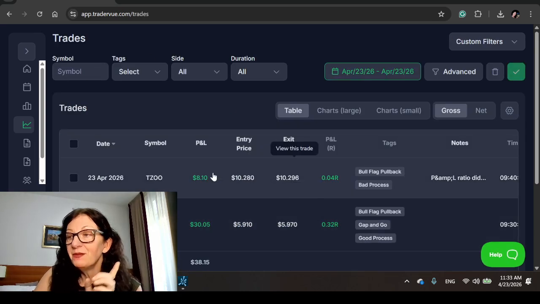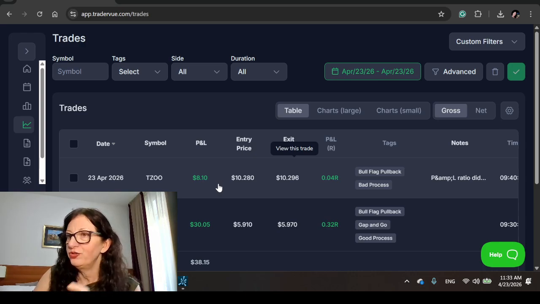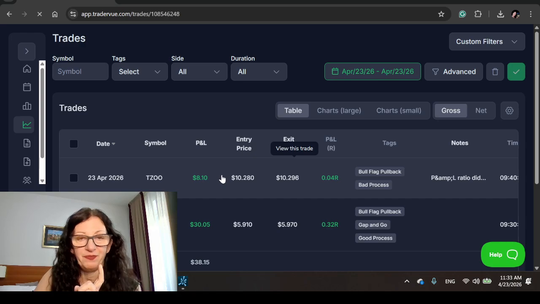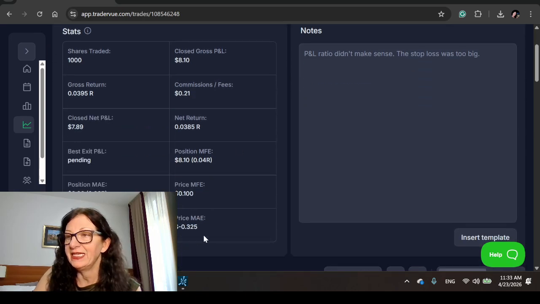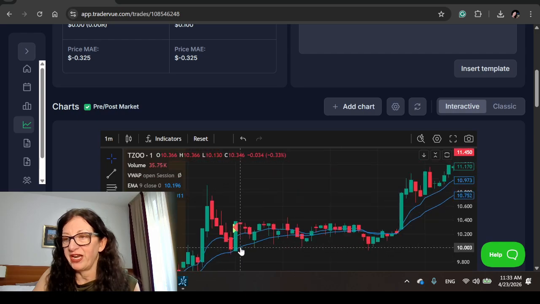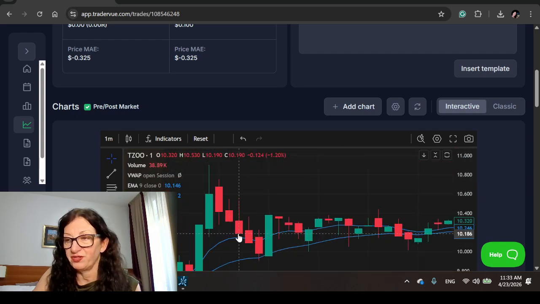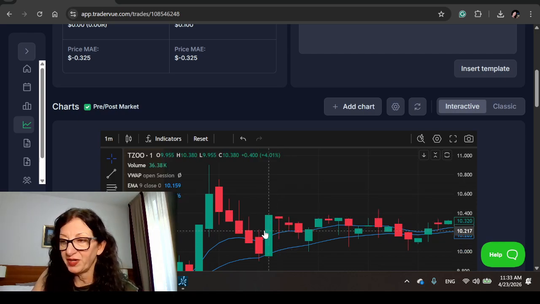However, my next trade, TZOO, Travel Zoo, this was also a bull flag pullback, okay? And this one I'm saying was not a great trade. I got out with $8, okay? But look at how big this red candle is.